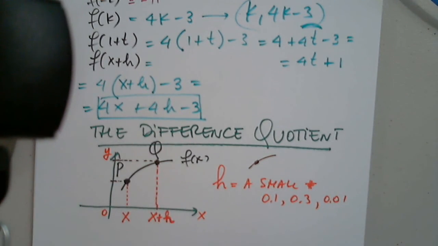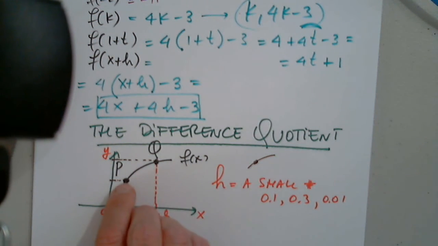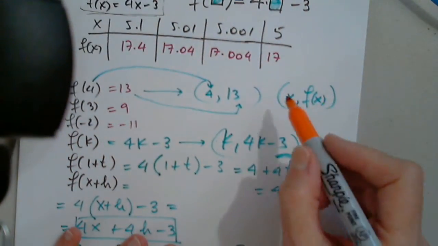There is another way. Y is correct. Is this one of the examples where you just plug in whatever you want for y? No. So if this is x and the point is on the function, what could be the y value here? We just wrote it. This is f of x.